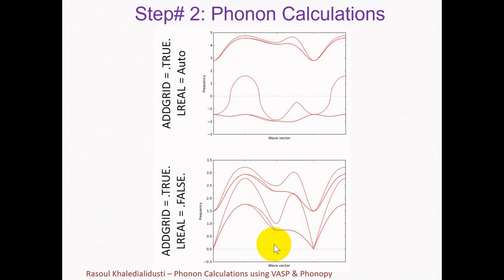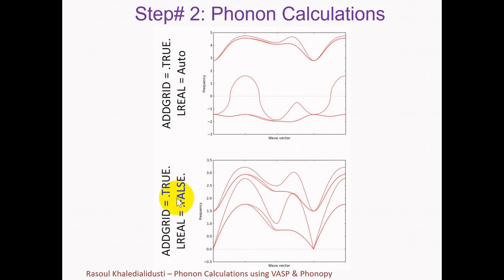LREAL is false, which means the projections are evaluated in reciprocal space. As can be seen, the phonon frequencies are negative if the projections are performed in real space. So it's necessary to take into account that the projections must be evaluated in reciprocal space for phonon calculations by setting LREAL = false in the INCAR file.